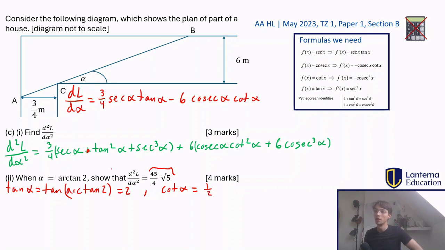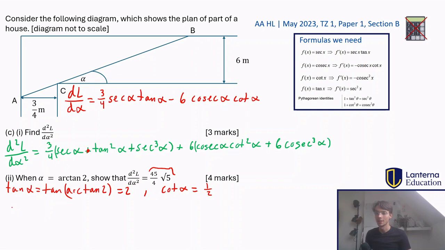And now in our beautiful derivative up here, what do we still have? We still have some sec, right? So we need to figure out what sec alpha is and cosec alpha. For that, we have these weird Pythagorean identities that I think no one has ever used before this question. So that's probably why they've written this question, so that they finally get to use these things in the data booklet.